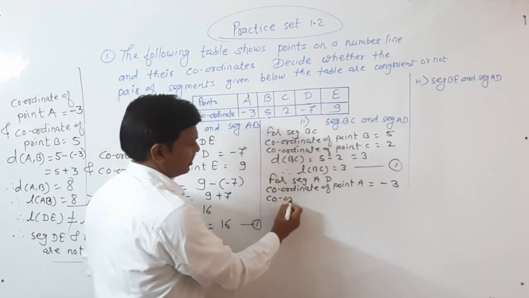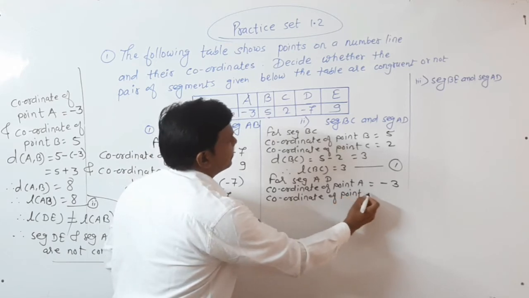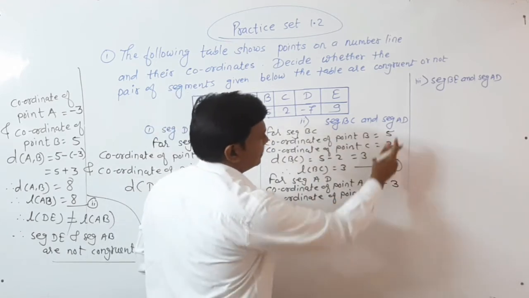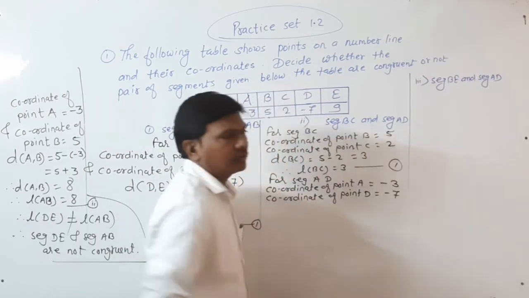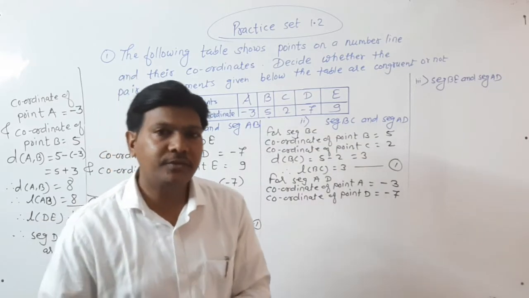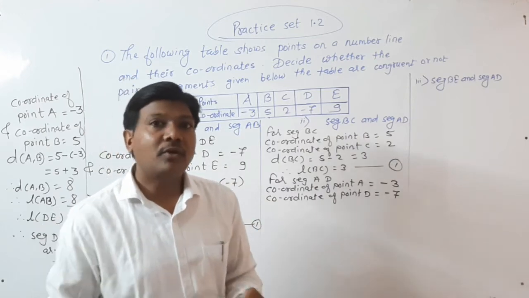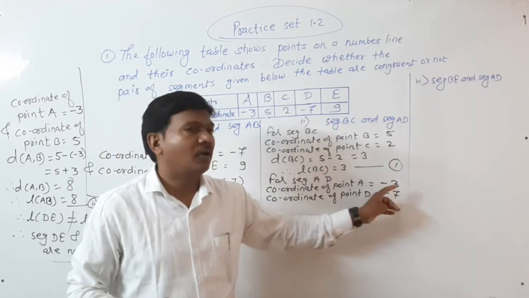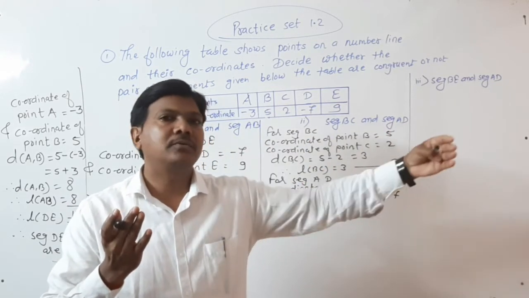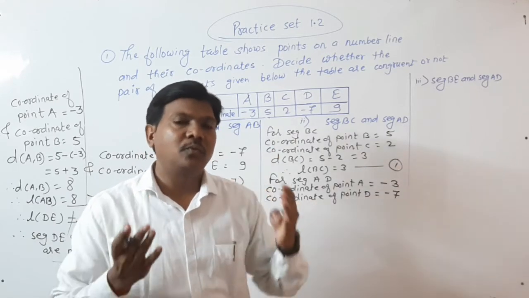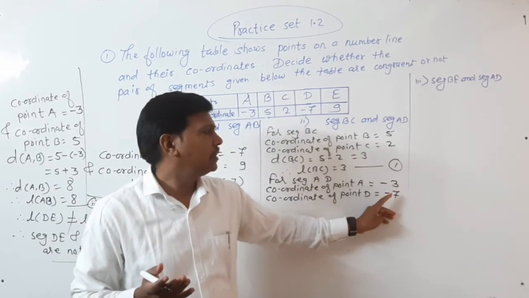Then the coordinate of point D, that is minus 7. Then again see which coordinate is greater, this minus 3 or minus 7. So on the number line, you know 0, then minus 1, minus 2, minus 3, the numbers go decreasing. So all negative numbers are less than 0. So here minus 3 is greater than minus 7.